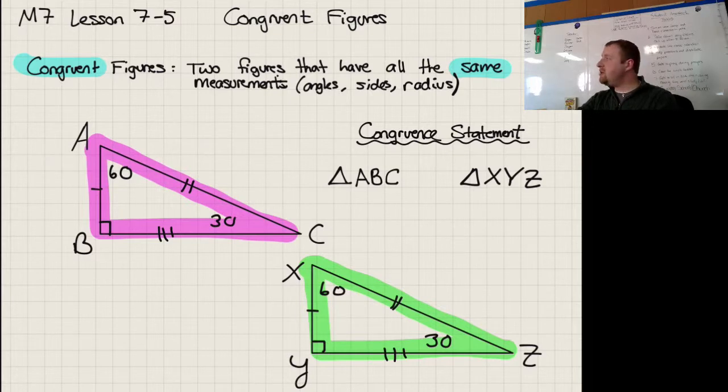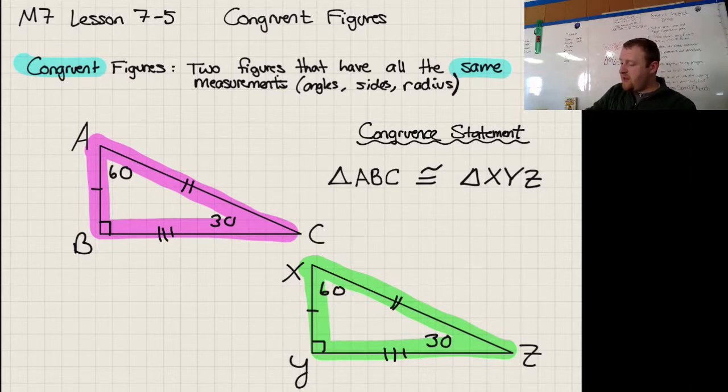The last thing I do is I put the little congruent symbol in between them. That's it. That's a congruence statement. Triangle ABC is congruent to triangle XYZ. I will, but I'm going to move on to the next way to write it, which is real simple.